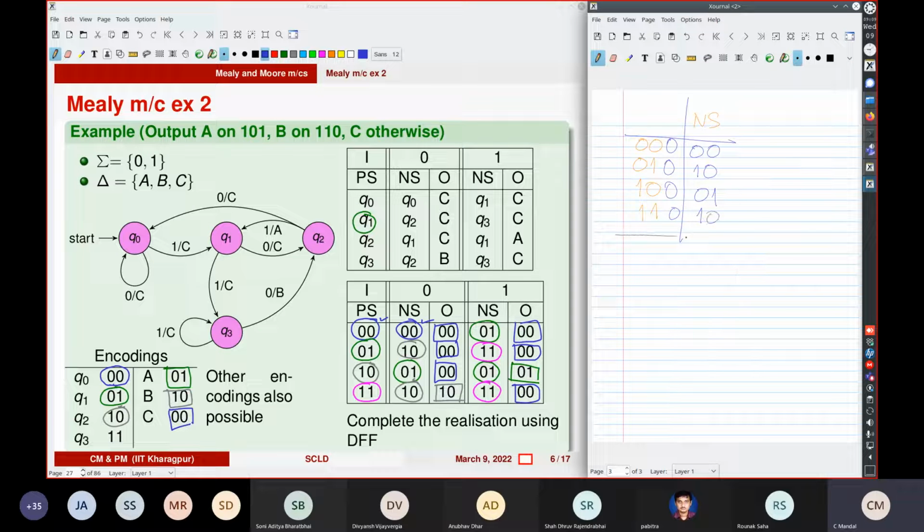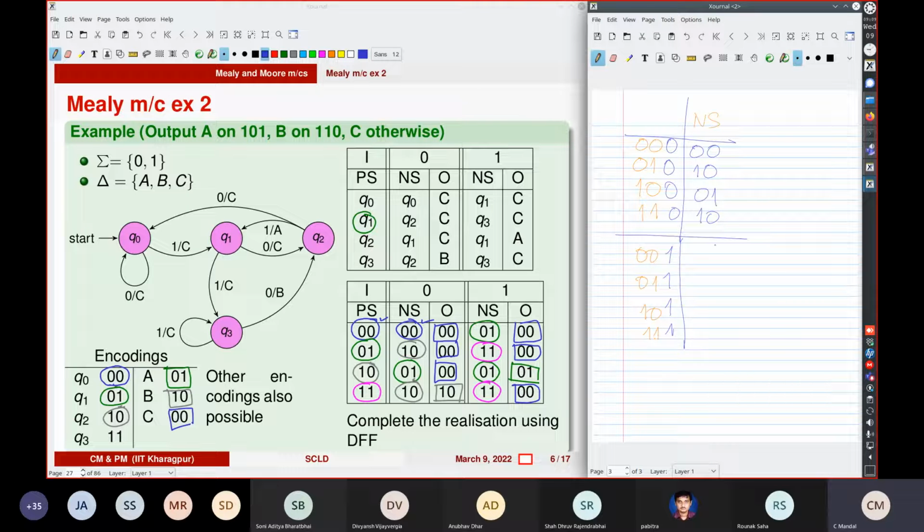And I can take it further. Here the inputs will be 1. Again, these are 0, 0, 0, 1, 1, 0, 1, 1.